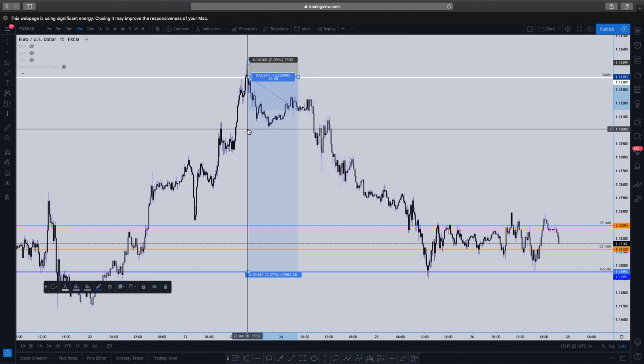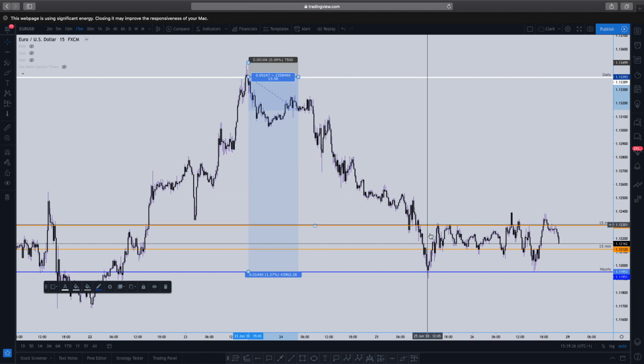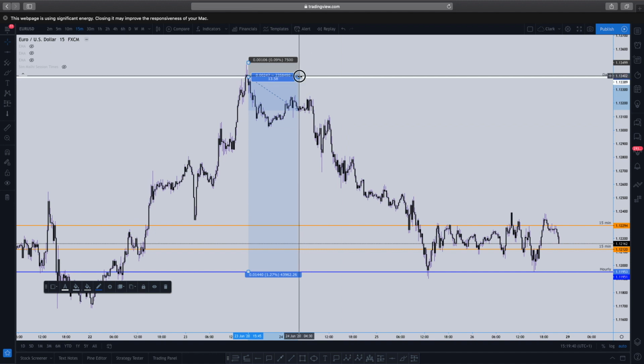For example, June 23rd, 2020, until it hits this target down here of June 25th, 2020. All right, so you have at least 3 days to hold that trade.